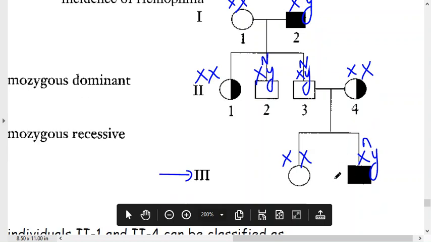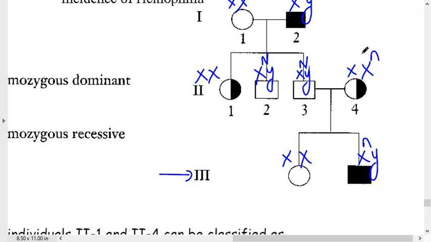All right, so this male right here has a diseased allele that he must have gotten from mom, right? Which means mom must have been a carrier, which we can confirm because she is half shaded. But she is not fully shaded, so her other allele must be normal.